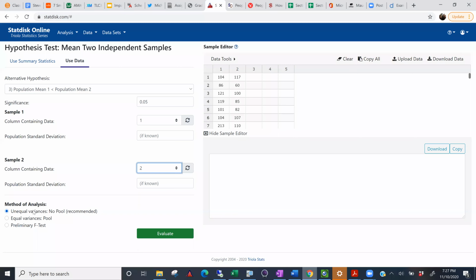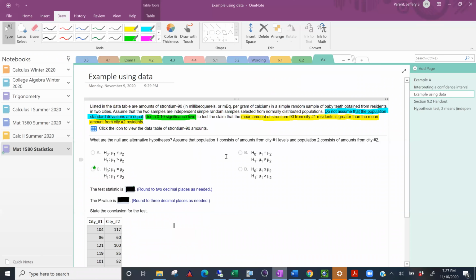What about the unequal variances or equal variances? Should we pool our variances? I'm gonna guess no. You guessed right. Don't pool the variances. And that goes back to what it says here in blue. Do not assume that the standard deviations are equal.